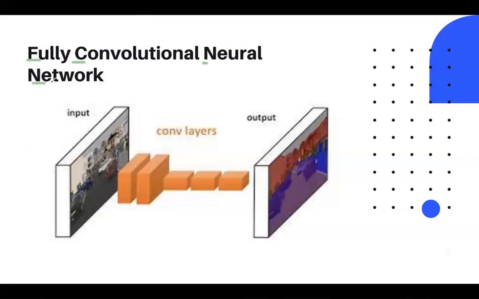As you can see, its abbreviation is FCNN, which is the same thing as fully connected neural networks, right? But this is the absolute opposite of a fully connected neural network. So this is the fully convolutional neural network, and this is fully connected neural networks.